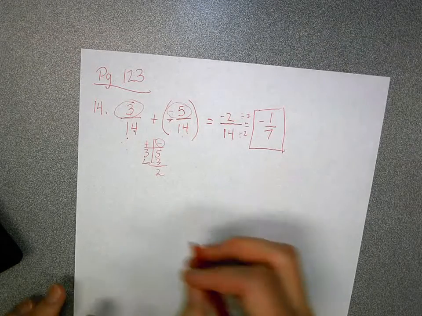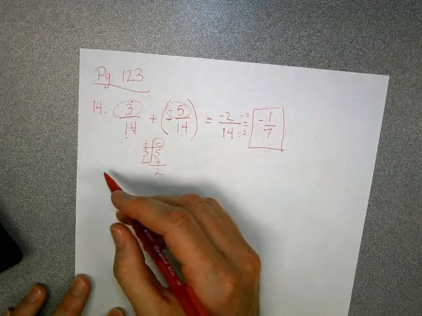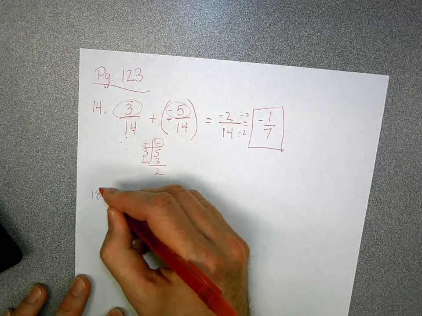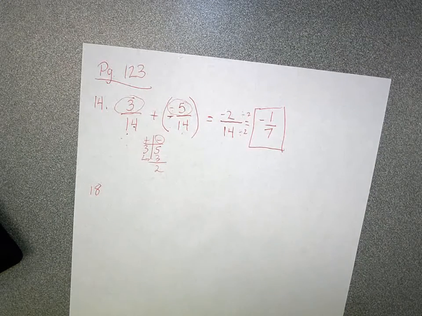Okay, so here we go. Go ahead and I want you to try out 18 on your own, and afterwards we'll share. So I'll give you guys 30 seconds. Shouldn't take you too long. 30 seconds. Number 18, go.